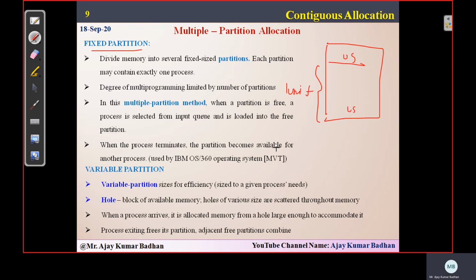Suppose this is 4 GB and 1 GB is occupied by the OS, then we have 3 GB. This 3 GB is represented as one unit, and that one unit is what we call a hole.